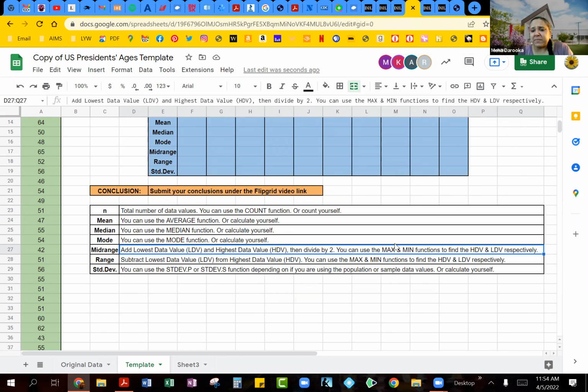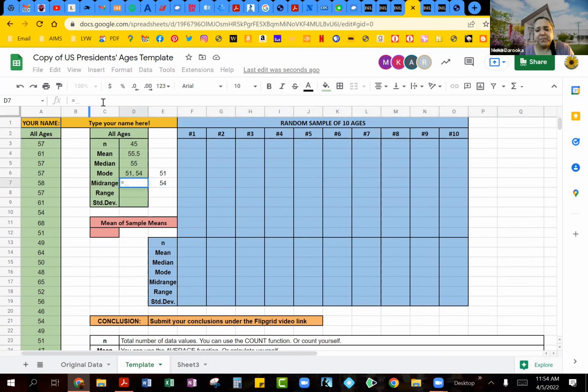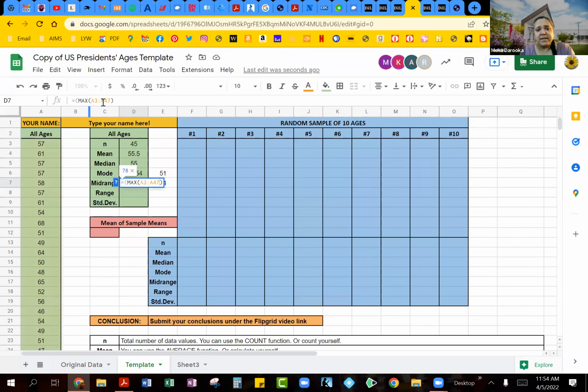So to find the maximum and minimum values, you have the max and min functions, which are built into Excel or Google Sheets. So what you can do is we can say equal to, then in parentheses is where I'm going to type in my max and minimum. You can use brackets, you can use parentheses, doesn't matter. So I'm going to do maximum for our data set, which we know is going to be 78 years old because that is the oldest age we have.